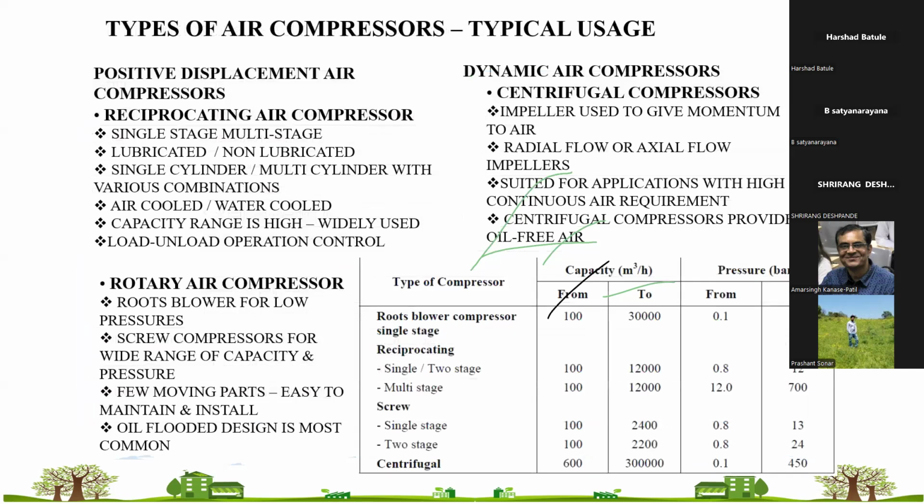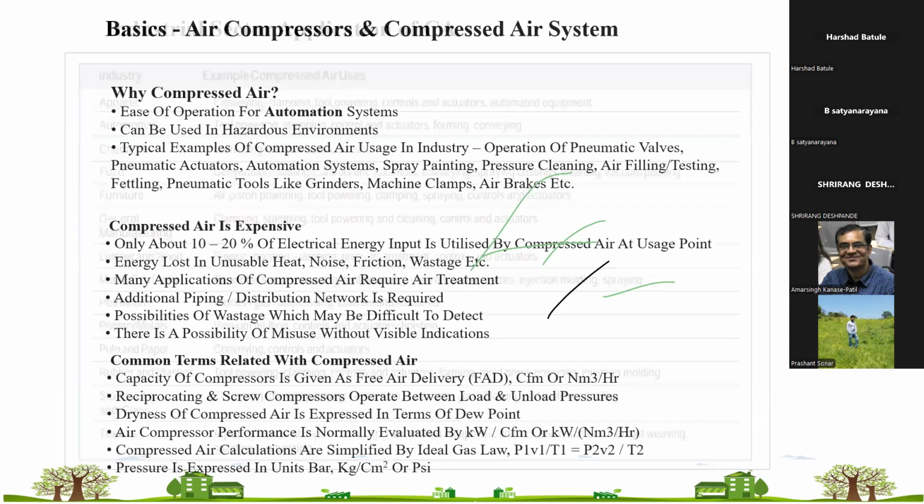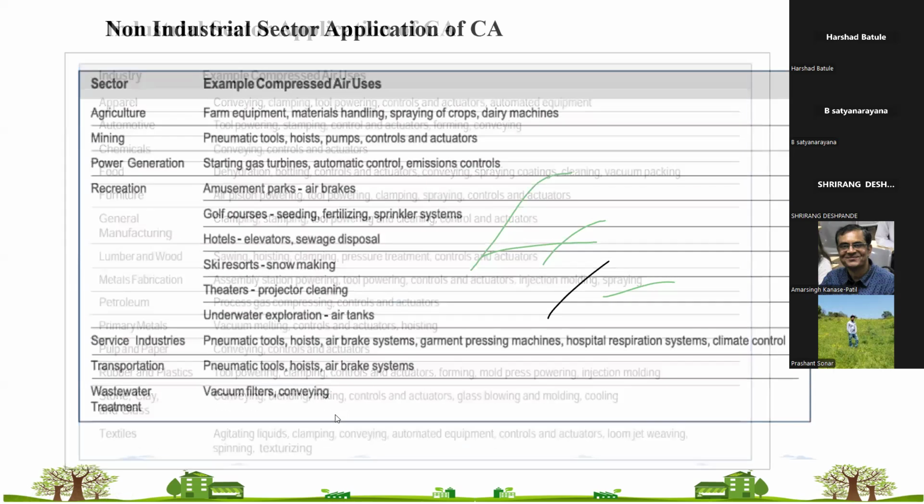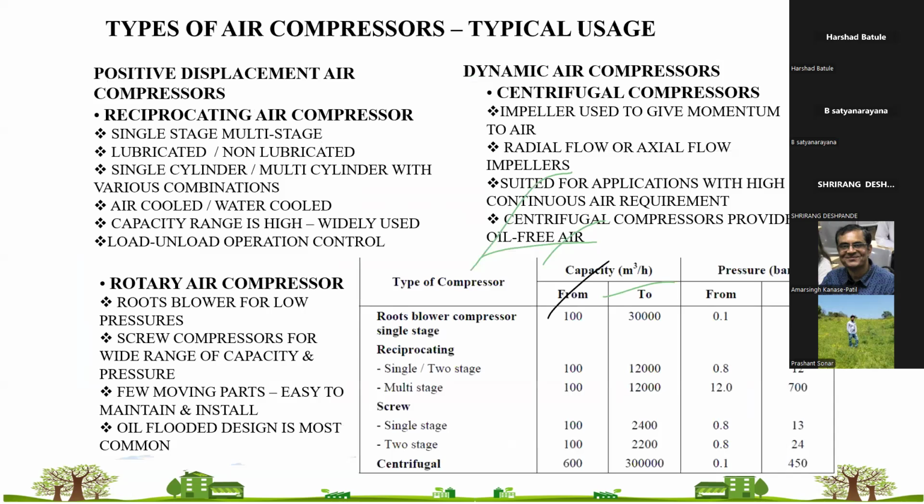So we will be doing the types of compressors. There are multiple types of compressors. Majorly, it is divided into two types on the basis of their application. One is the positive displacement compressor, and another is the dynamic or centrifugal compressor, dynamic air compressors.